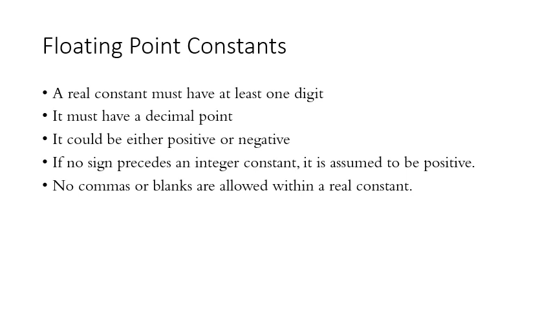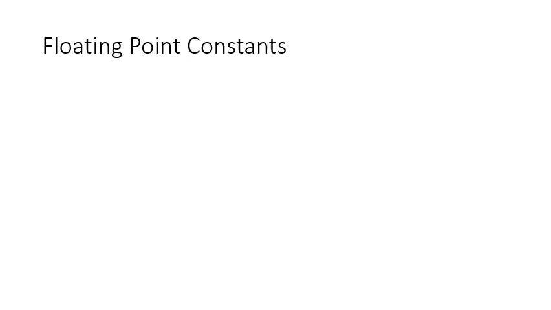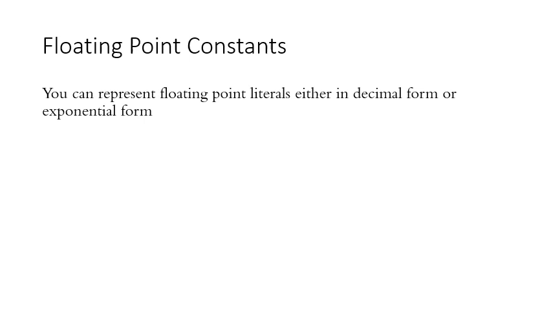And also, no commas or blanks are allowed within a real constant. Real is also synonymous with floating point constants. Other programmers prefer to call it real rather than floating point. Okay. So you can represent floating point literals either in decimal form or exponential form.